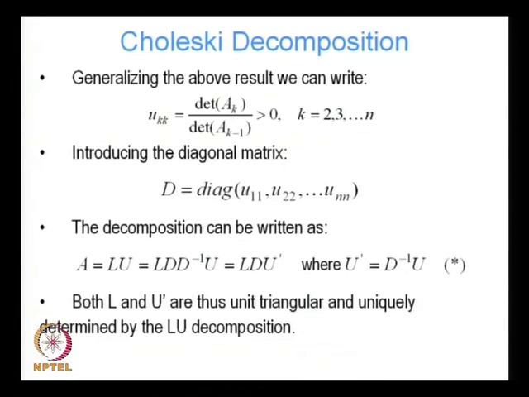Next, let us introduce the diagonal matrix D, whose diagonal elements comprise the elements we just computed, U11, U22 through Unn.